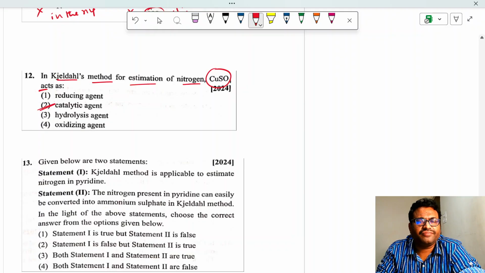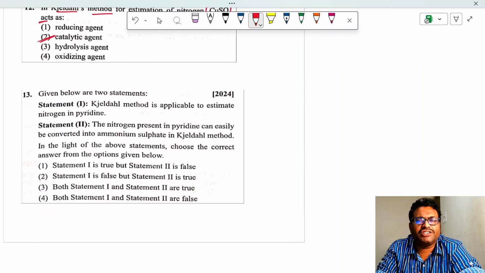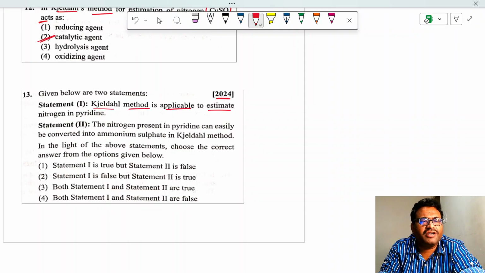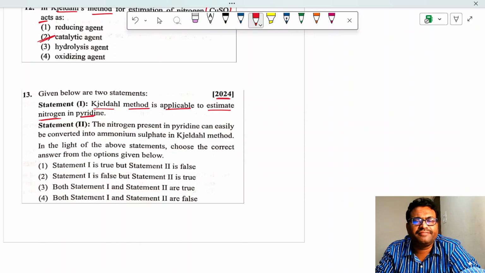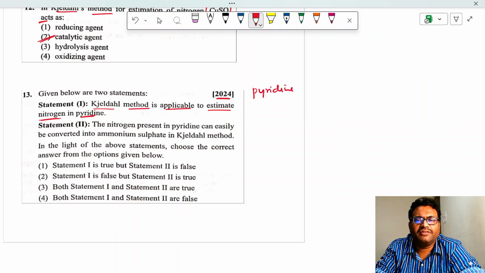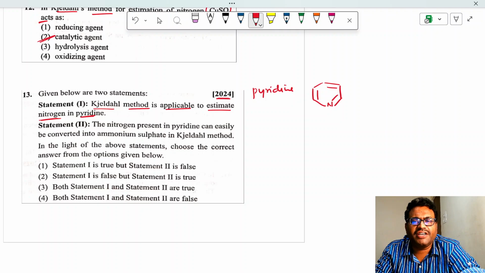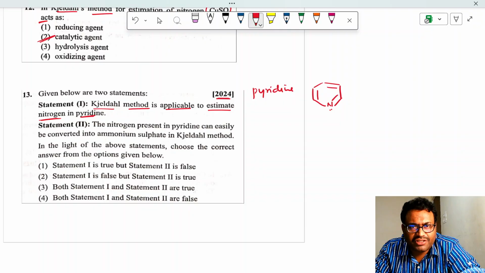Next, a 2024 question is asked. What is that? Kjeldahl method is applicable to estimate nitrogen in pyridine. If you see the pyridine structure, you will find nitrogen in the ring. When nitrogen is present in the ring, is it possible to estimate nitrogen?